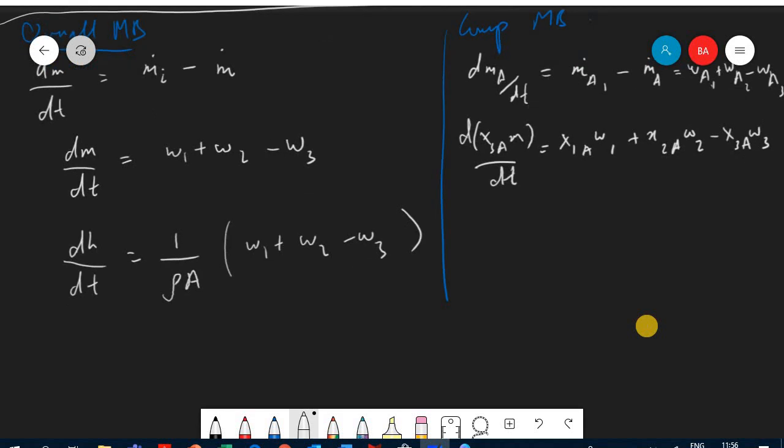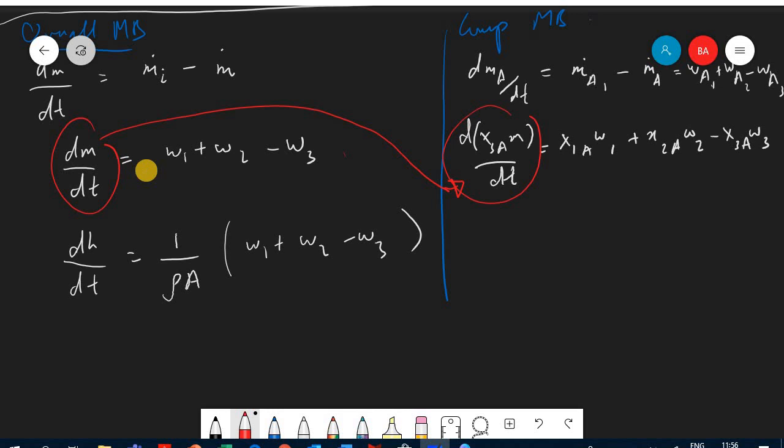Okay, and then we said that this term here is a multiplication of two differential terms. So xA3 into dm by dt, and dm by dt we already have here, right? So we can use the dm by dt here to substitute when we have the multiplication.